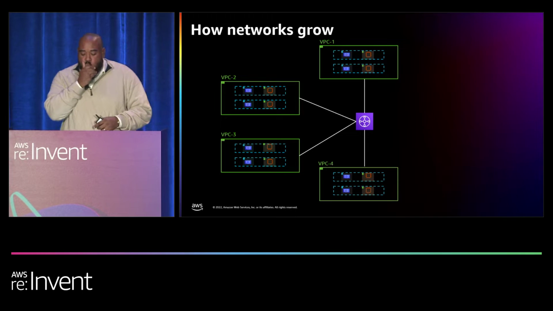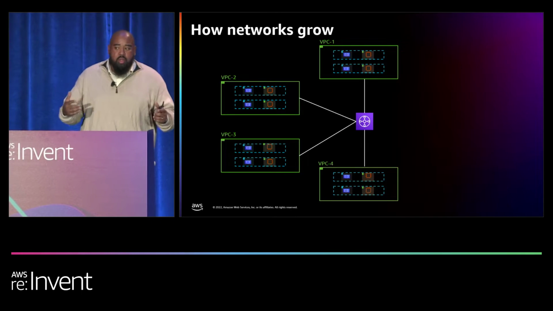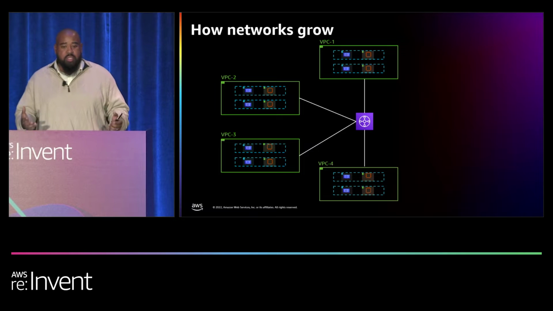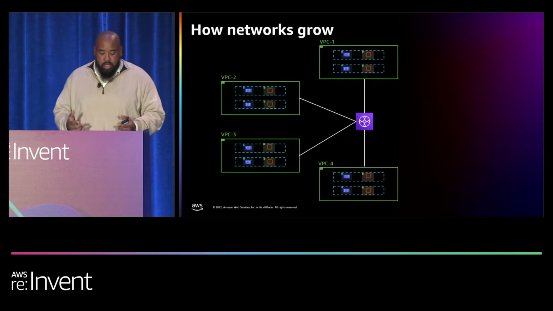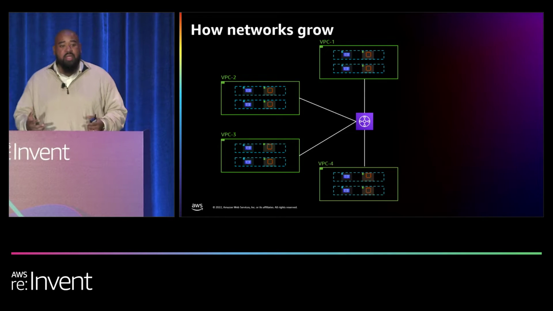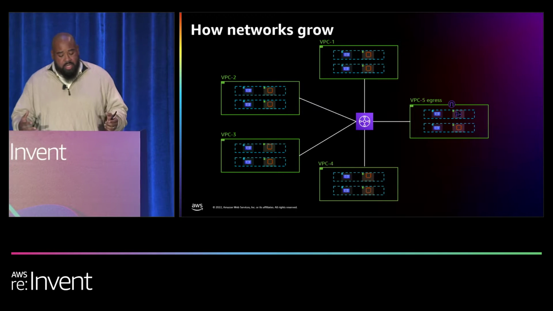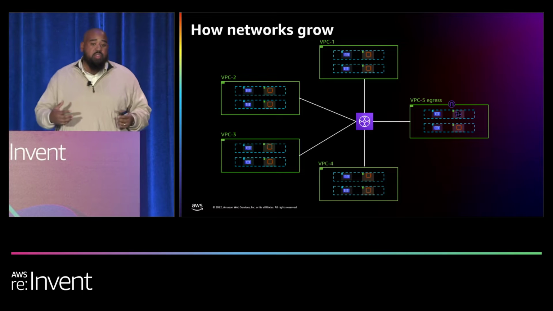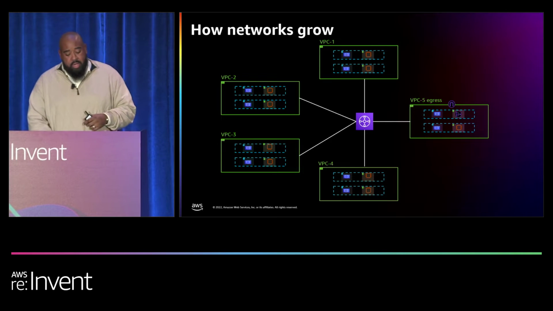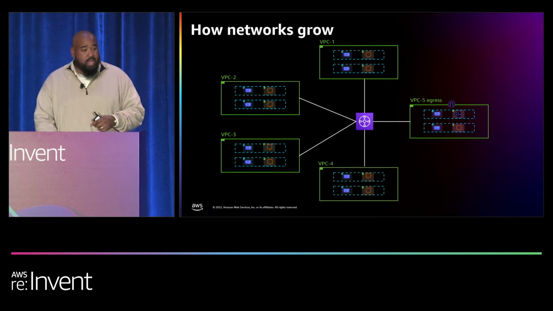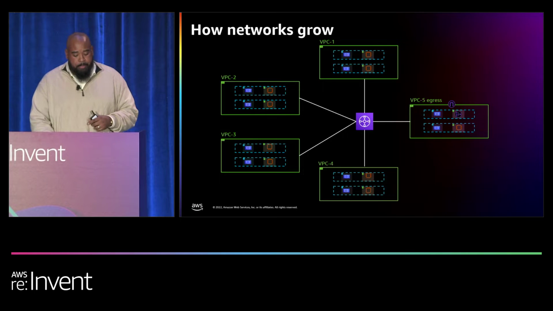Now, your business grows again, and now it was determined to use a single egress VPC. And so in this egress VPC, now you can do things like reuse your NAT gateway and improve your overall network design and operational efficiency.